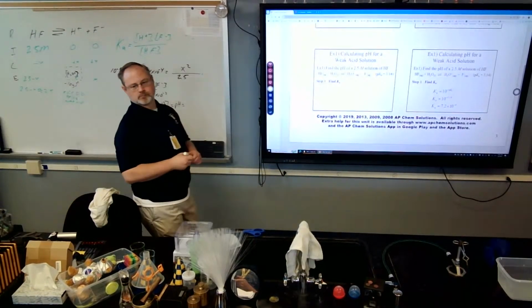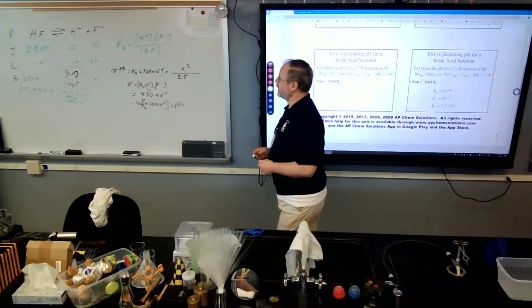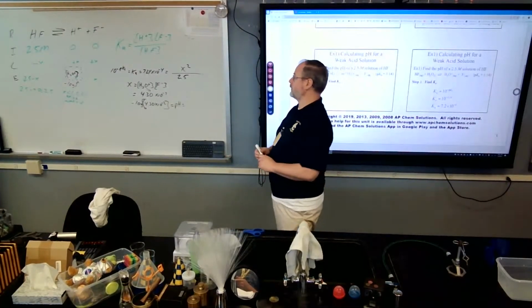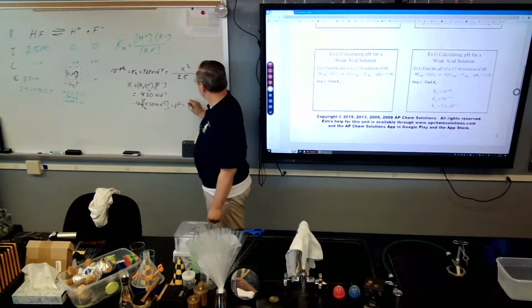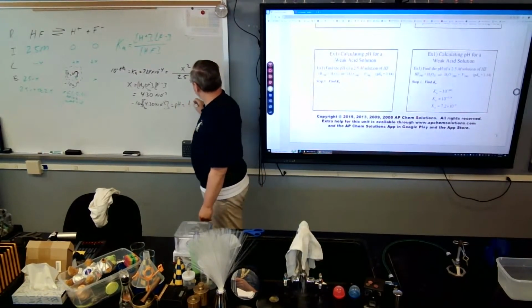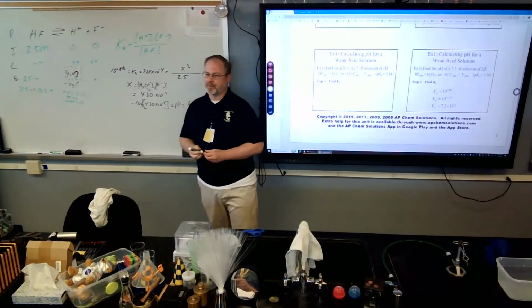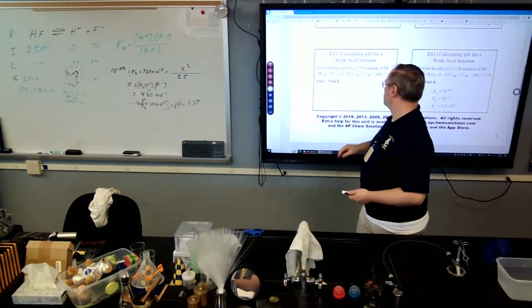Again, HF is a very robust weak acid. So what's my pH? 1.37. And again, I'm not going to worry about the significant digits.